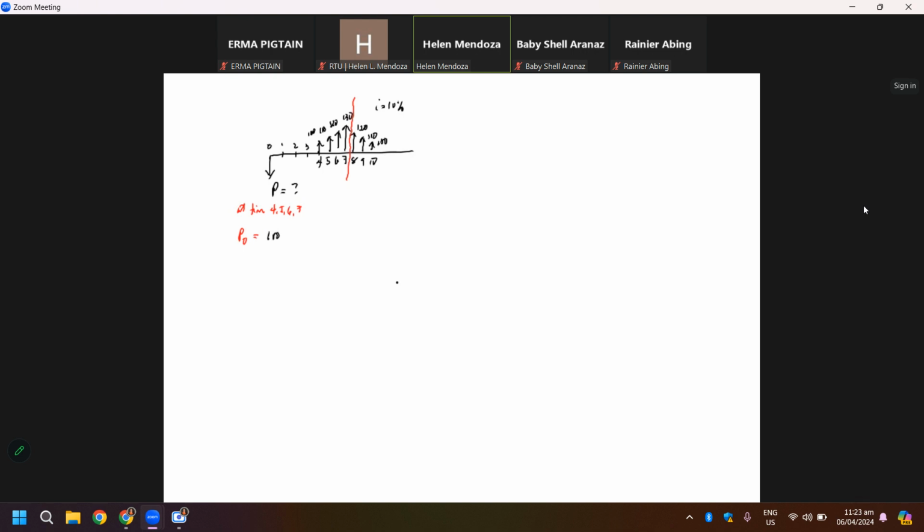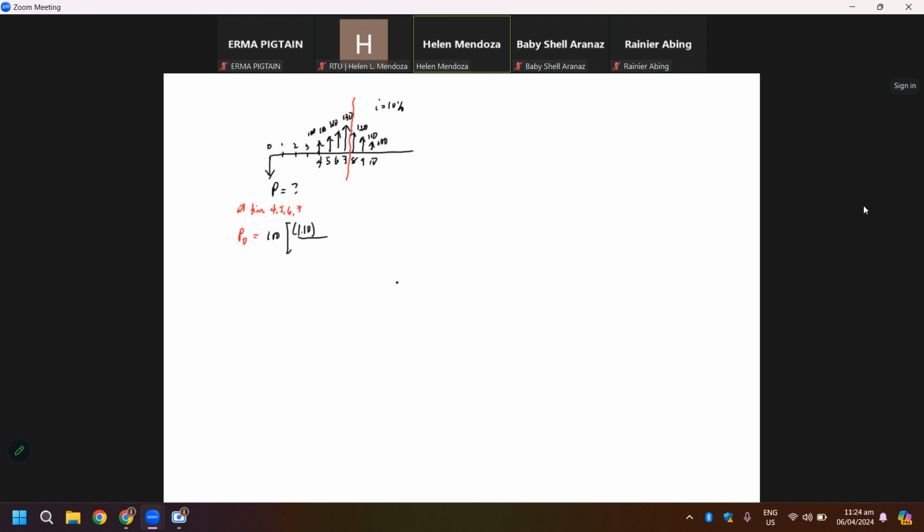The same with the procedure we have had last meeting. The only difference is that this 100 is at time 4, meaning we are taking value at time 3. So we count the arrows. So this is 1.1. In annuity or in gradient series, we count the number of arrows or the number of times we would have the receipts or the number of times we would have the disbursement.